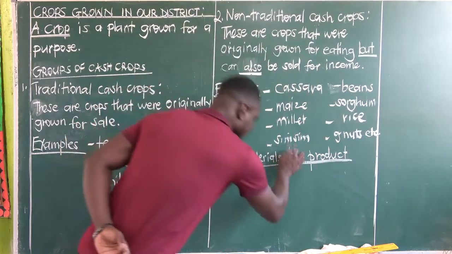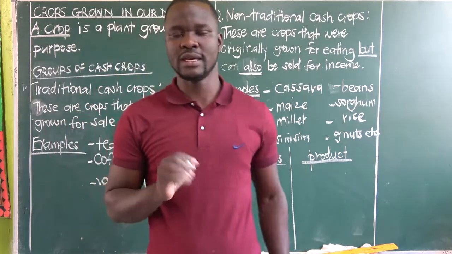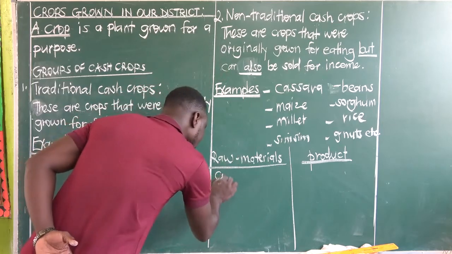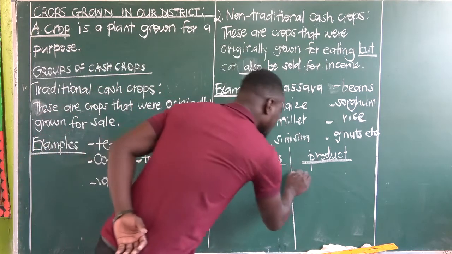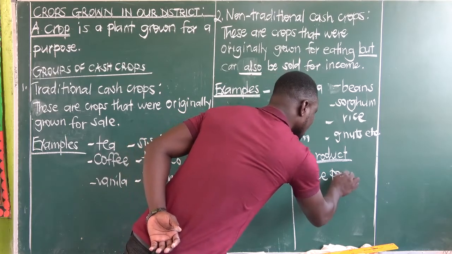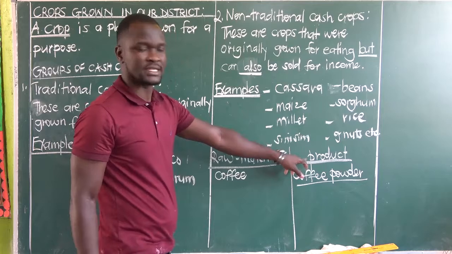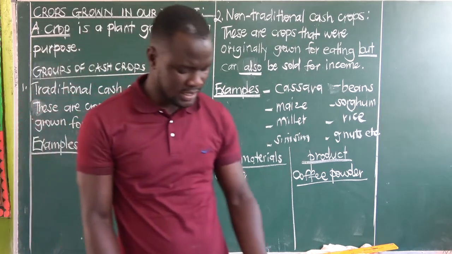Like I have said, a raw material is that item used for making a final product. Therefore, coffee as a crop is the raw material, and coffee powder is the product.